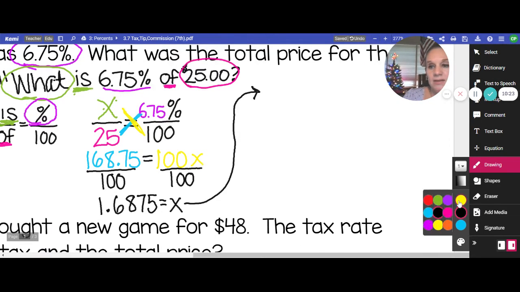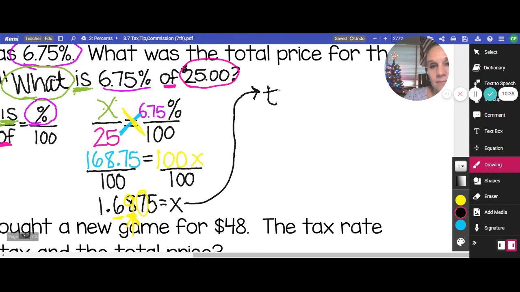So I would look at these two and decide if this one is 5 or bigger, it would make this one go up. So instead of 8, we're going to call it $1.69.